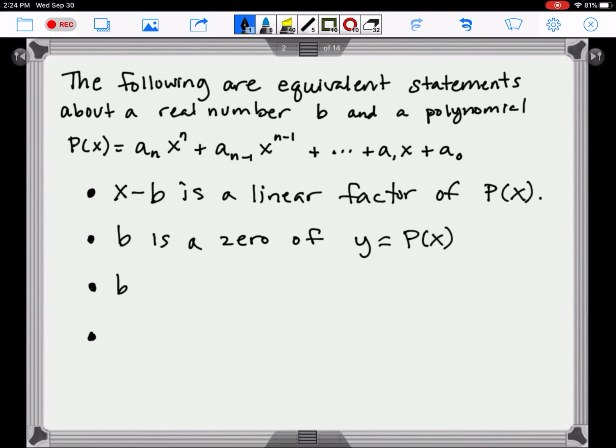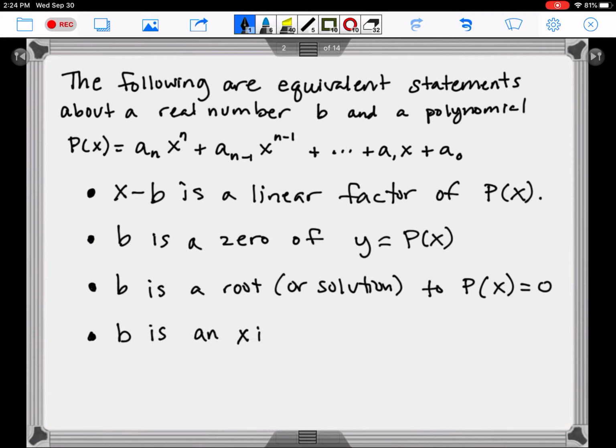Now b could also be called a root, or a solution to the polynomial equation when the polynomial equals 0. I could also say that b is an x-intercept of the graph of my polynomial function.